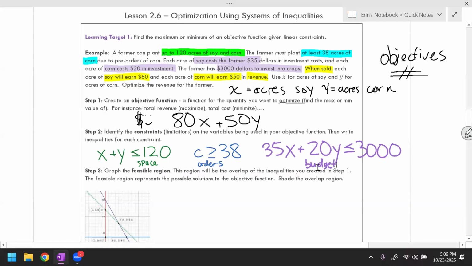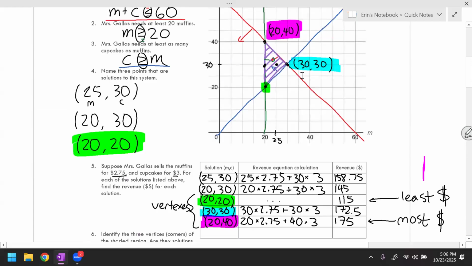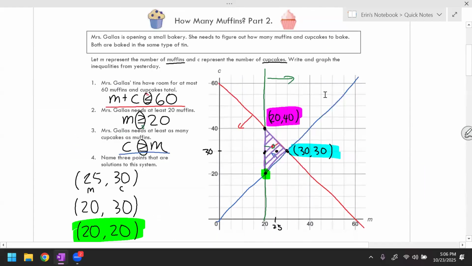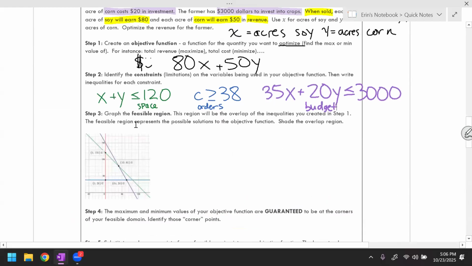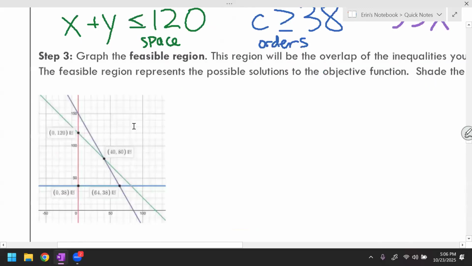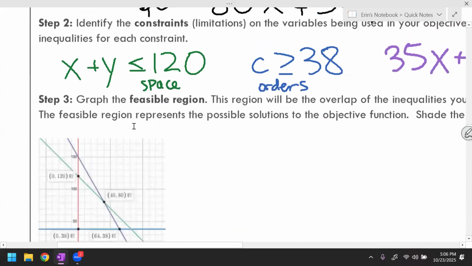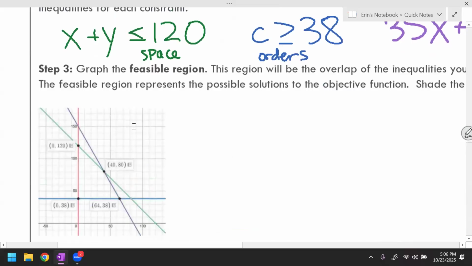Just like before, each of these will create a region on the graph. Just like this constraint created this red region that we would have shaded here, each of these is going to create its own region. For example, x plus y less than 120 will shade in everything to the left of the green line.